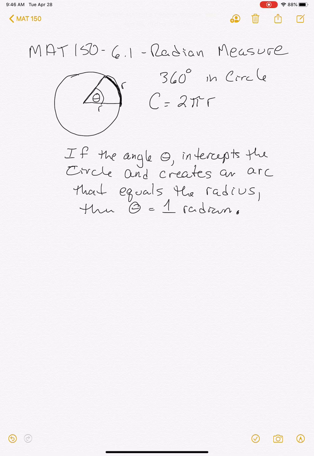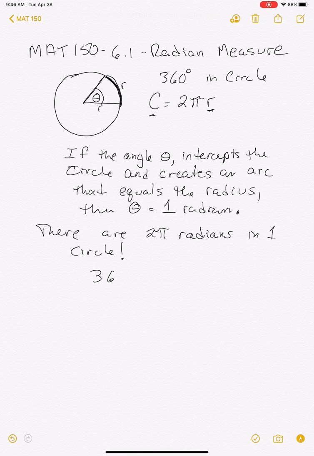Well, since the circumference is equal to 2 pi of these r's, there are 2 pi radians in one circle. So 360 degrees equals 2 pi radians.